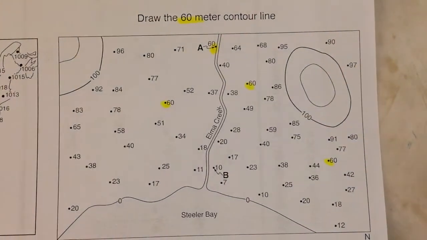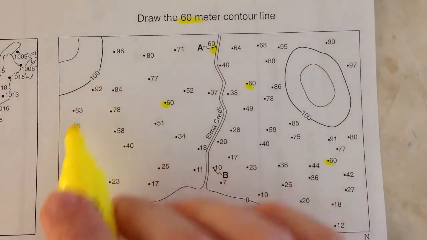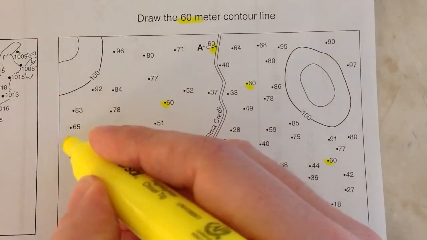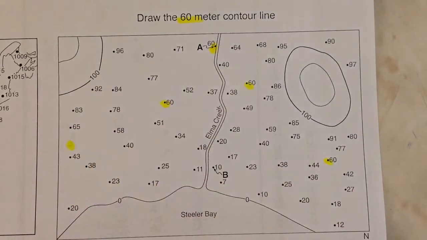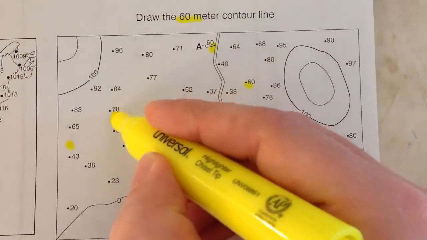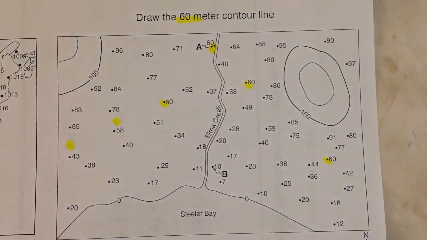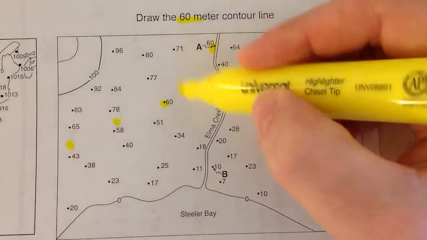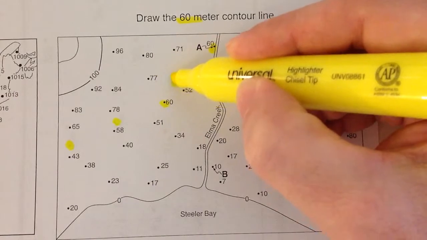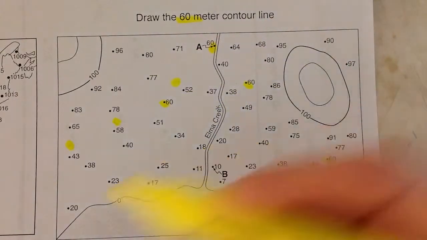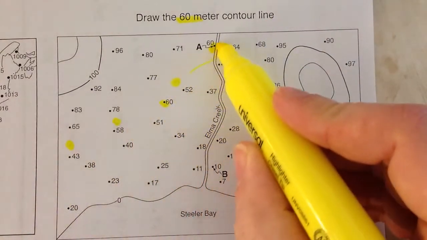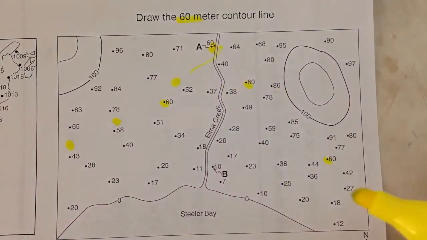So what I want to do is find where some of these hidden values are. And I have a 60 between the 43 and 65. I get a 60 here. Obviously, this 60 is given to me. I got another one between the 52 and 77. And I can clearly bring this up and connect it to the 60 at the top of the map.